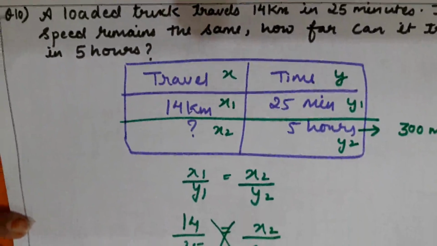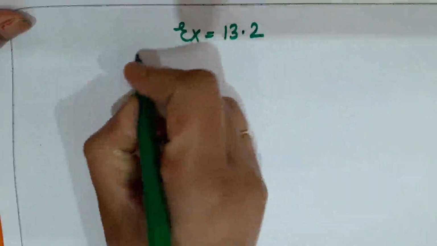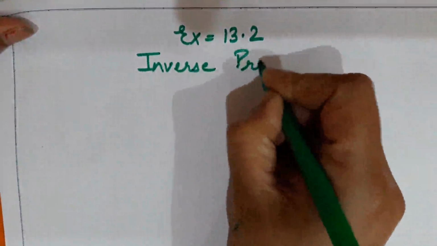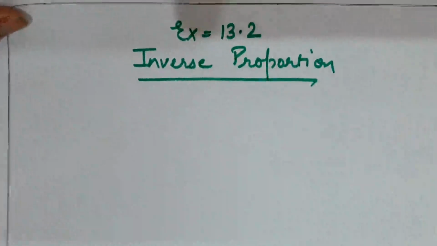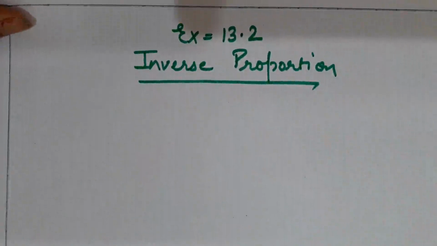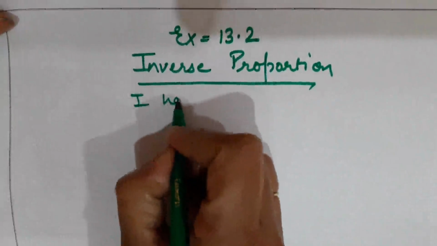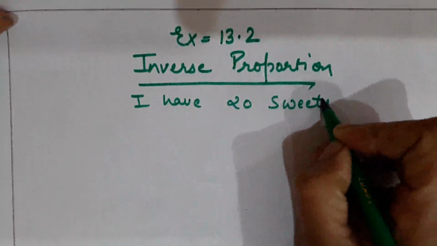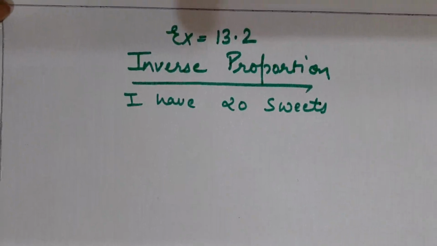Let's start with 13.2. Before we start exercise 13.2, let's discuss inverse proportion. Let me give you an introduction to the concept. So what is inverse proportion? Like I have 20 sweets and I want to distribute these sweets among the children.